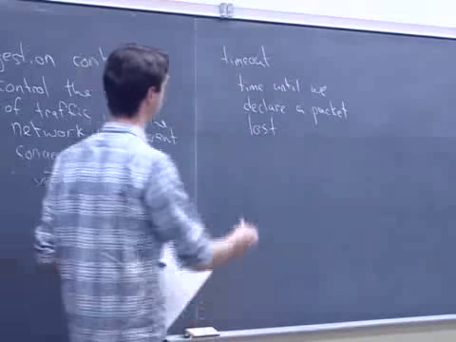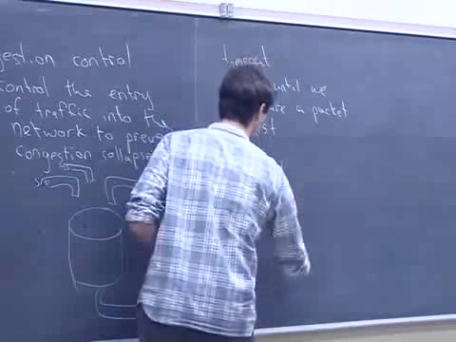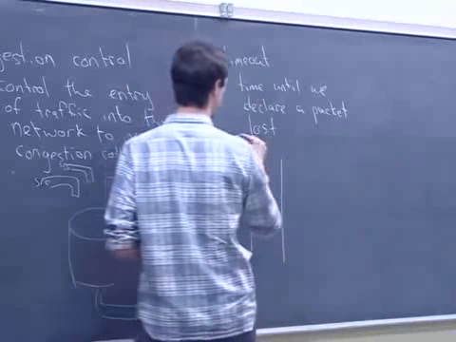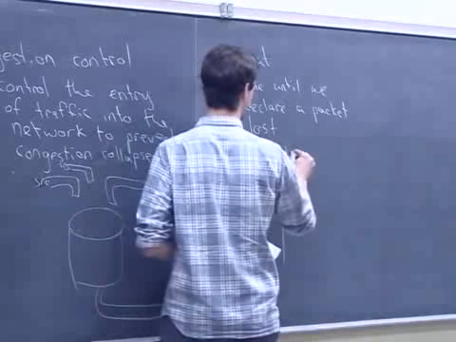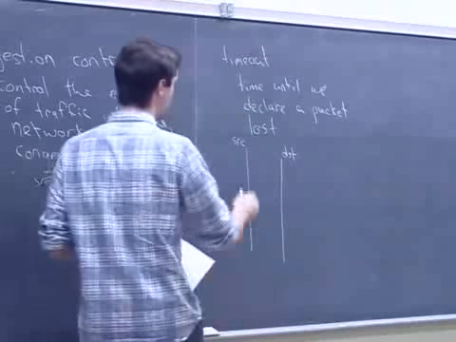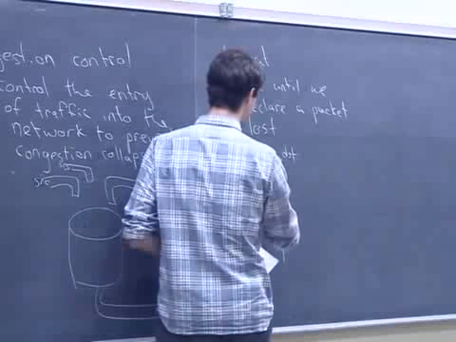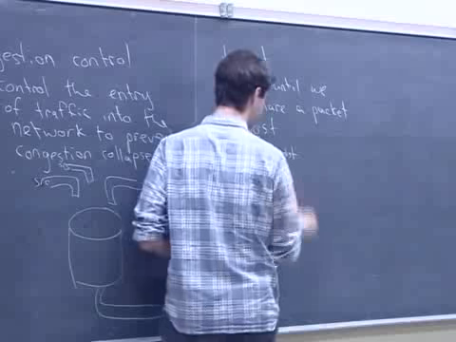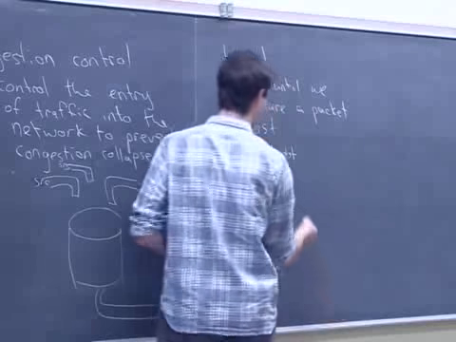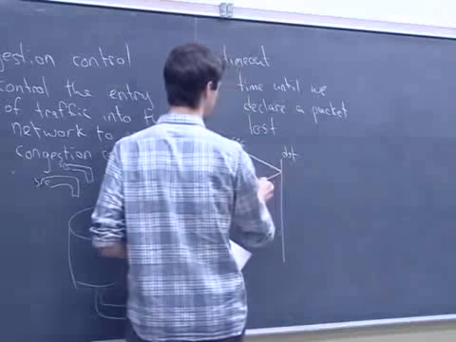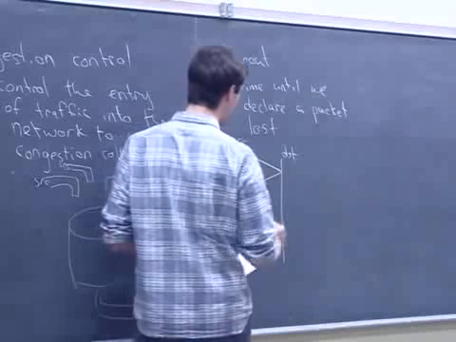All right, so visually we can indicate this using our time diagrams where we have the source sending to the destination. The source sends a packet to the destination, and the destination sends back an acknowledgement.